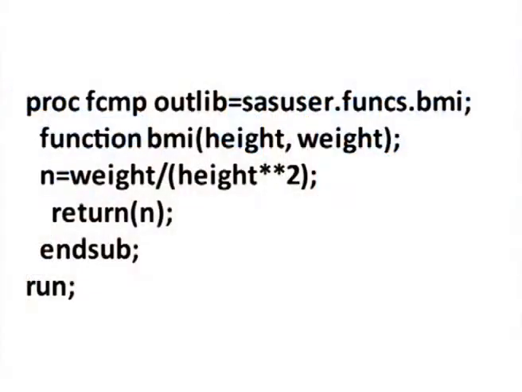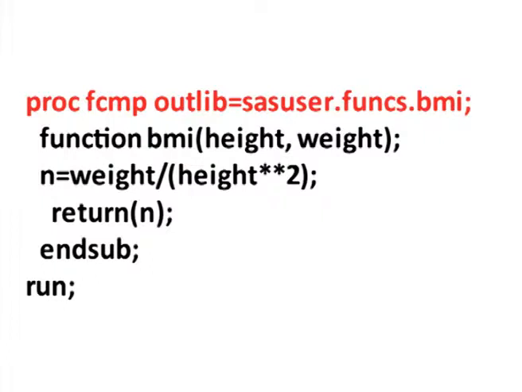One to calculate BMI and another to generate the weight status of a particular BMI. You can see some of the code appearing on the screen now. Firstly, we'll define the location where the new function will be stored, sasuser.funcs.bmi.